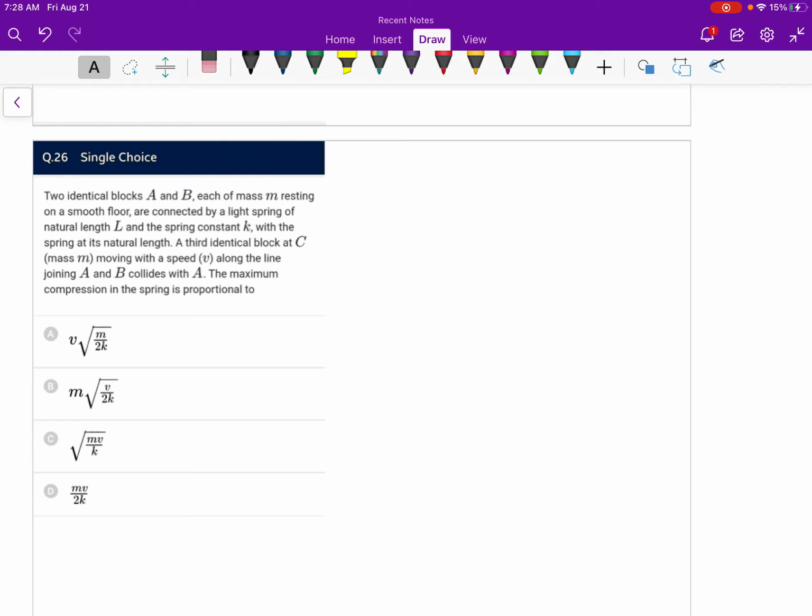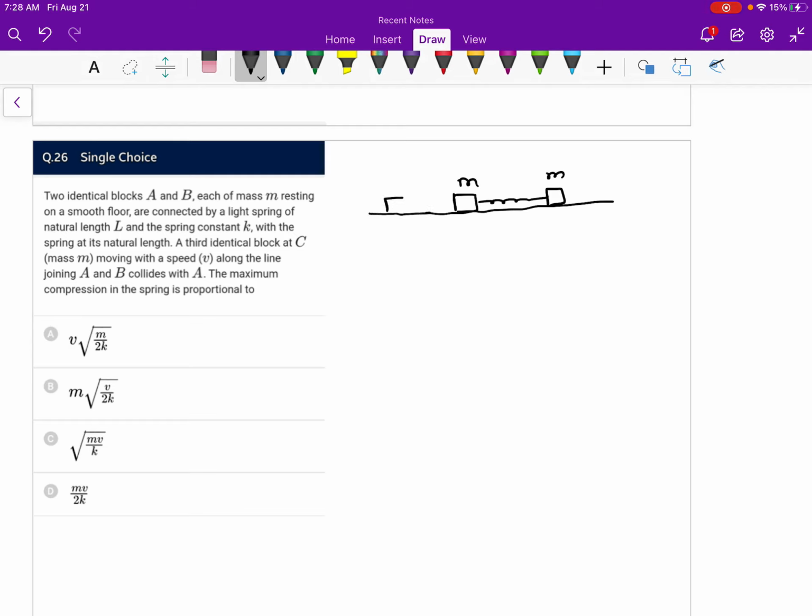Two identical blocks A and B, each of mass m, connected by a light spring of natural length L and spring constant K. So these are the two blocks connected with a spring, mass m each. A third block C moving with speed v0 collides with A. The maximum compression in the spring is proportional to.